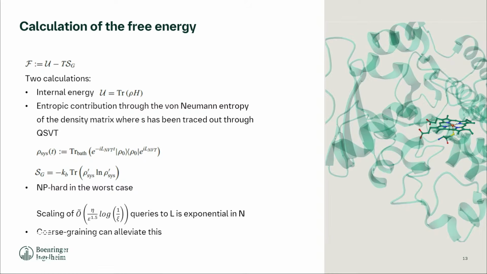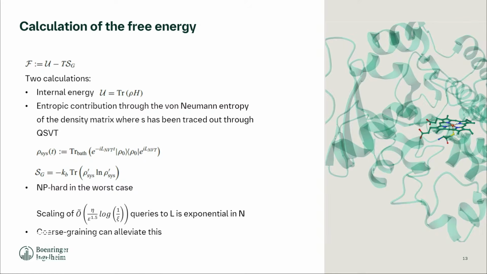And then the entropic contribution is a bit more difficult. You can get this by calculating the von Neumann entropy of this system density, which is basically the trace over the path, over this S and PS of your evolved state.